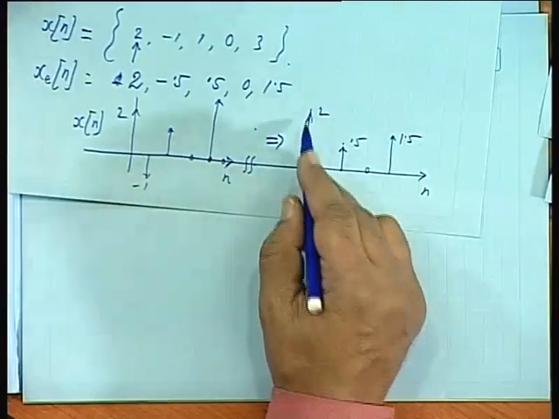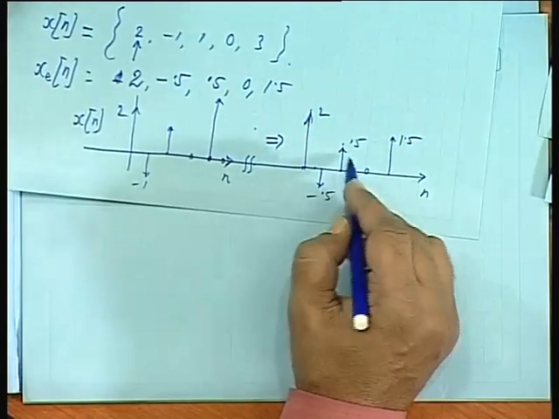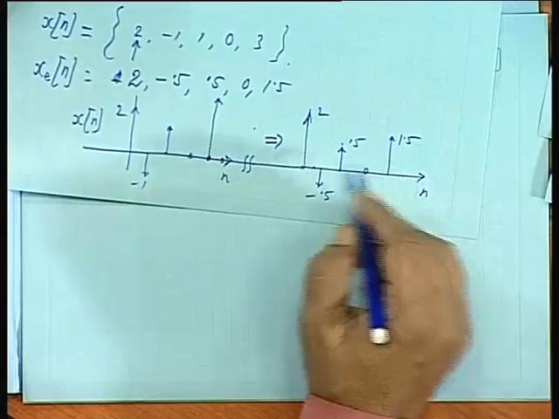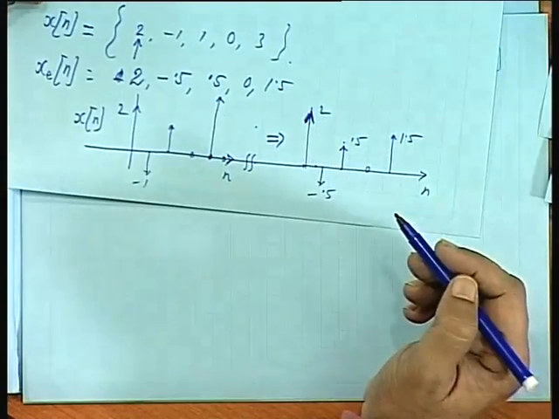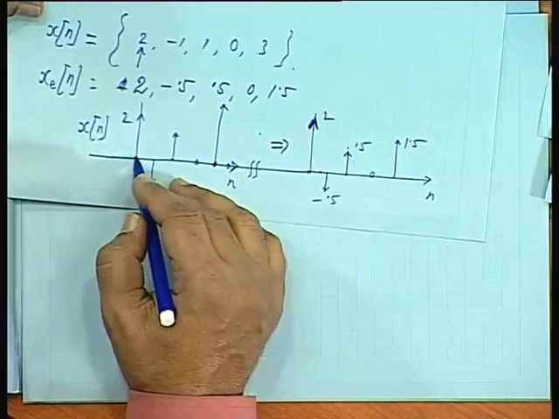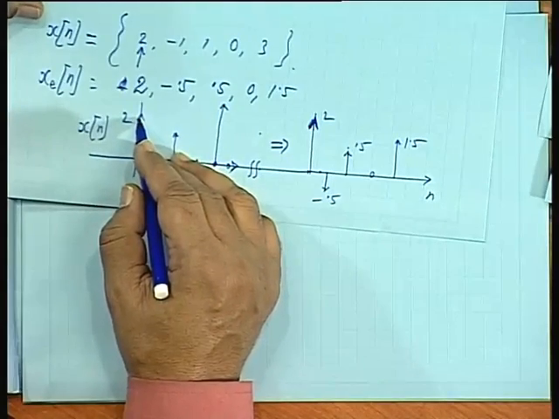So except the first value, others are all halved. The first value remains as it is, because when you add with this, x minus 0 is also the same as x plus 0. So that divided by 2 means the original value. So all other values will be reduced to half.